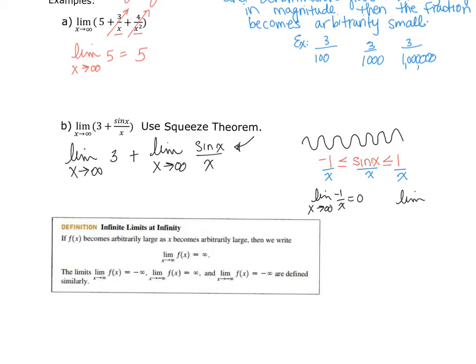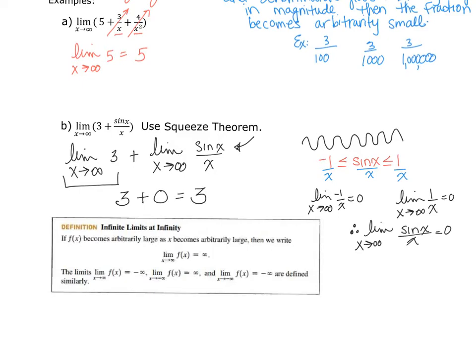And the limit of 1 over x as x approaches infinity is also 0. So we can say that the limit of sine x over x as x approaches infinity is 0. So over here now we have the limit as x approaches infinity of 3 is 3, and the limit as x approaches infinity of sine x over x is 0, and we just get 3.